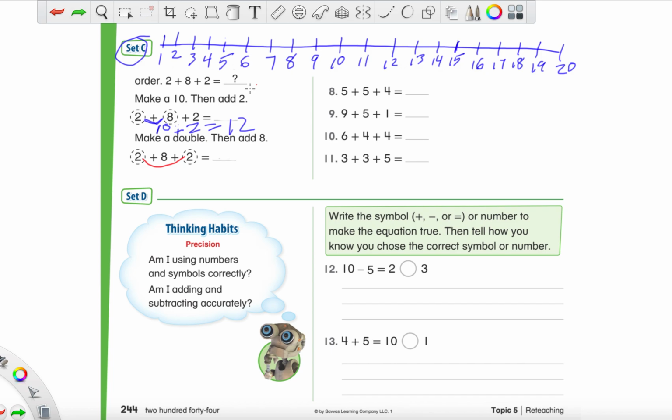So let's see. Go ahead, try number 8 on your own. We have 5 plus 5 plus 4. What is that total? 5 plus 5 plus 4. Go ahead, give it a shot.